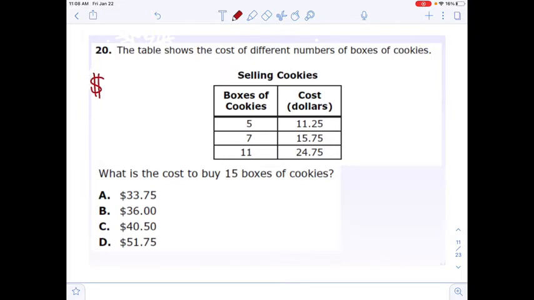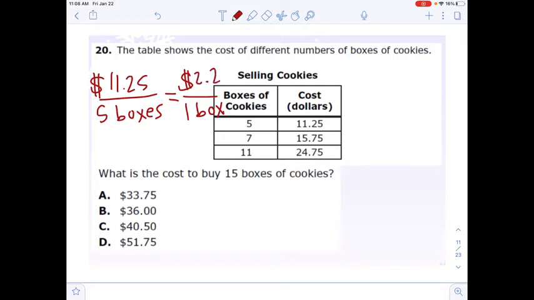So we know cost over boxes, 11.25 is 5 boxes. So to figure out 1 box, I have to divide both the numerator and the denominator by 5. So I take 11.25 divided by 5, and I get $2.25. So I know that 1 box is $2.25.